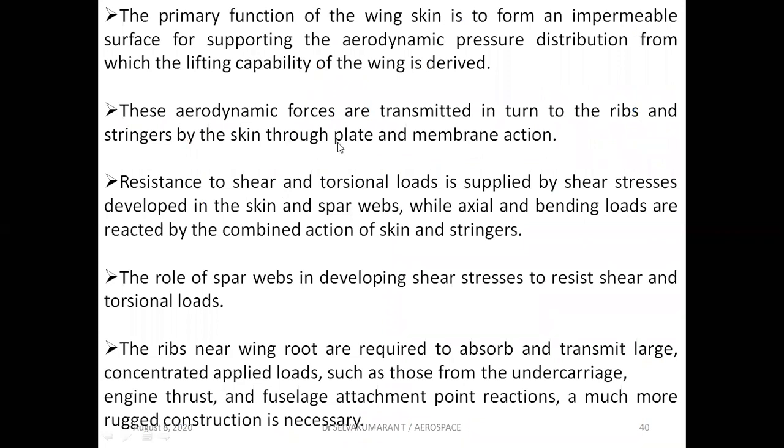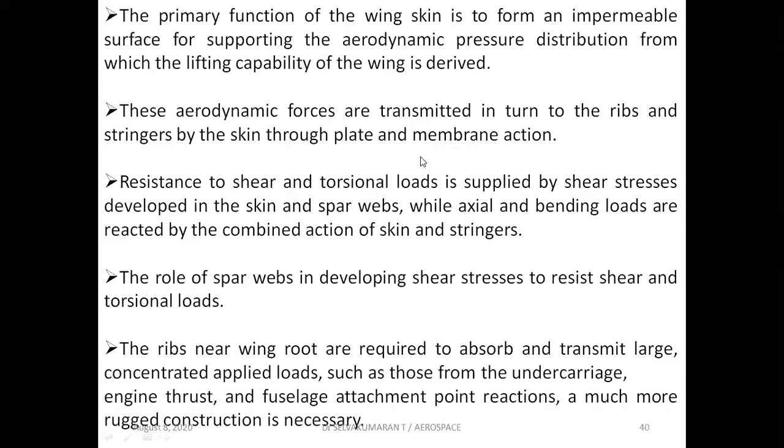The primary function of the wing skin is to form an impermeable, that is a resistive surface for supporting the aerodynamic pressure distribution from which the lifting capability of the wing is derived. These aerodynamic forces are transmitted in turn to the ribs and stringers by the skin through plate and membrane action.